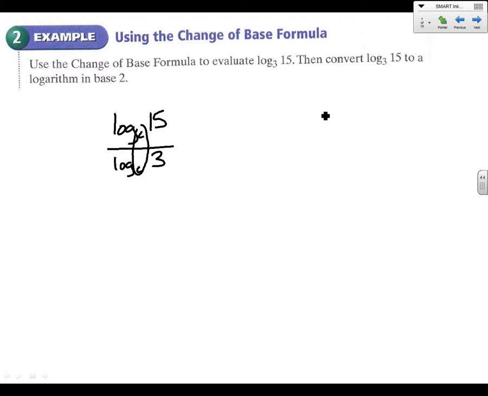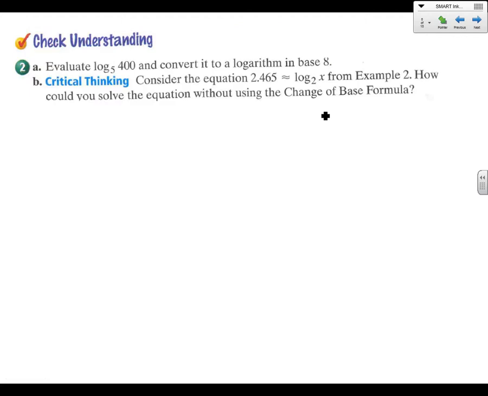So we're going to use base 2: log base 2 of 15 over log base 2 of 3. And that's how our setup is going to go right here. I'm going to pause it right there and leave it there for now. So we can convert those if we need to. You're up for understanding check number 2.